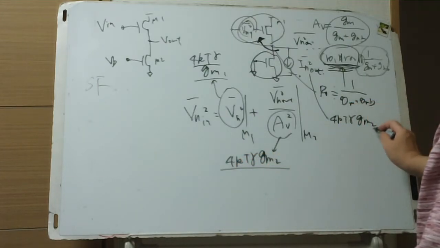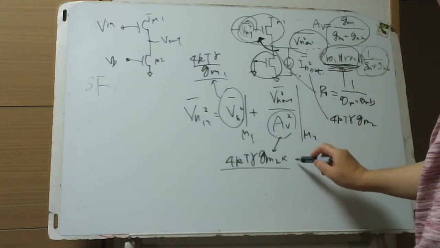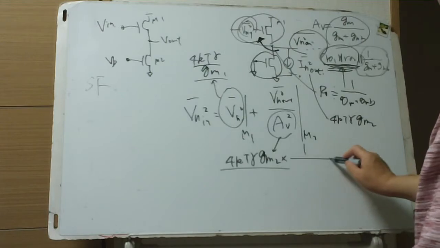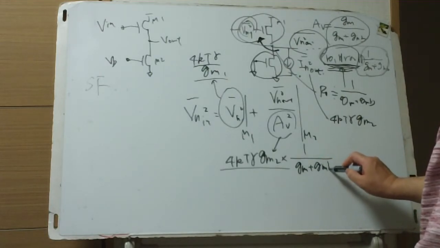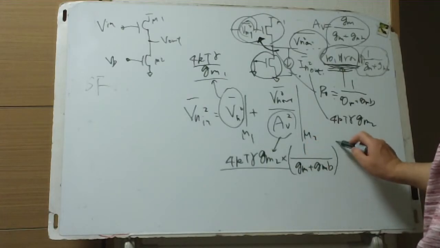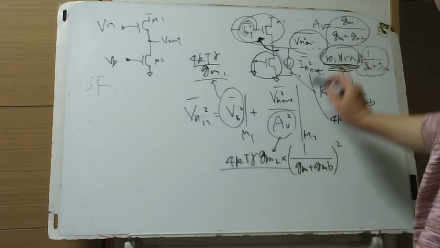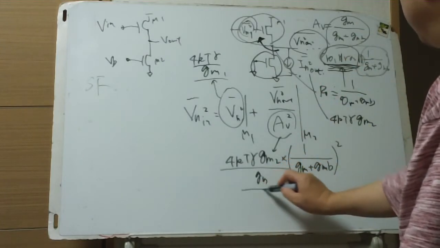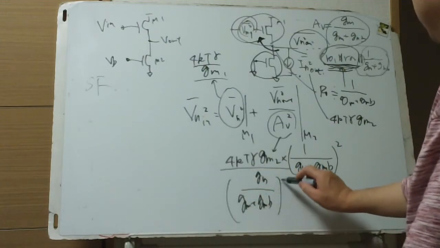So this is current noise, and voltage noise. For voltage we need to multiply this squared and divide by the gain gm over gm plus gmb squared.